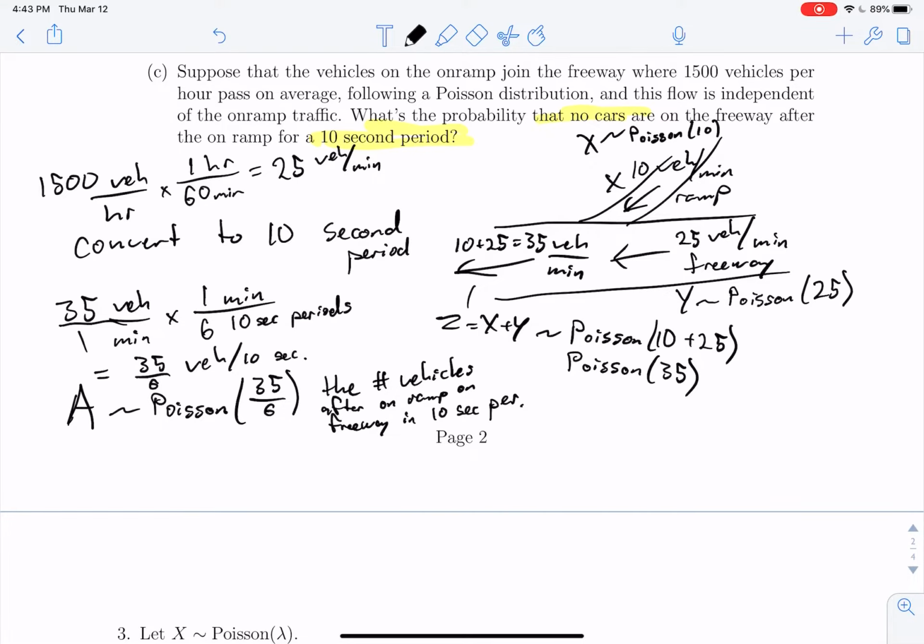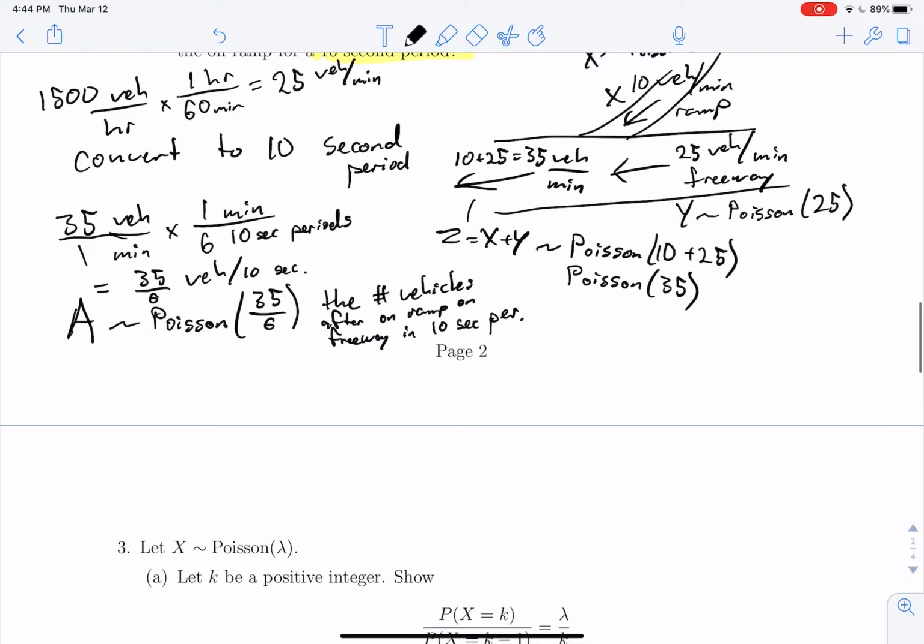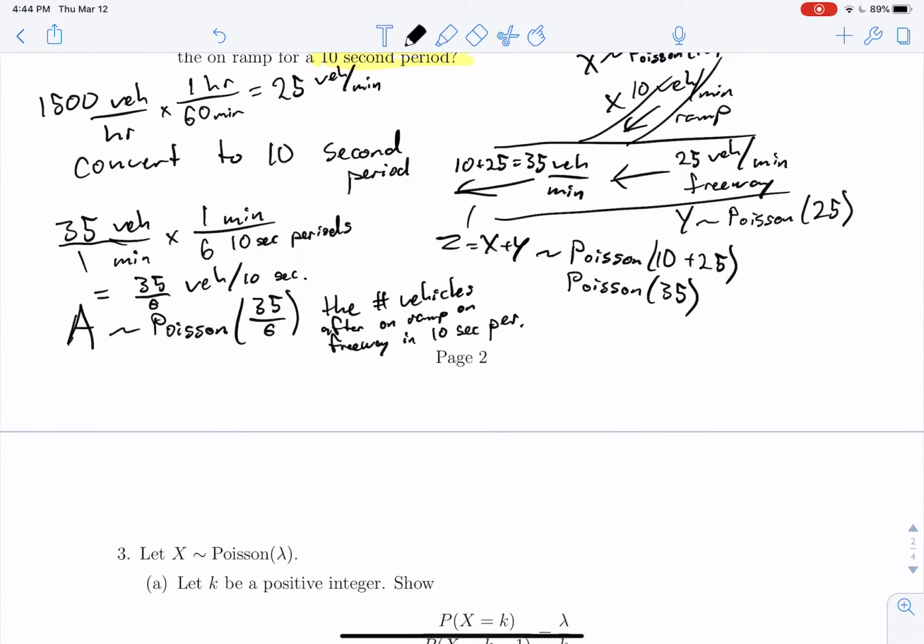Okay. Take that. Then we want to find the probability that A equals 0. So we'll just use the definition.